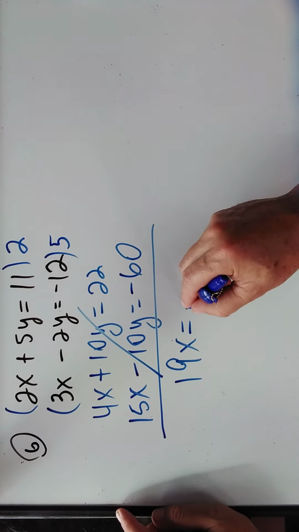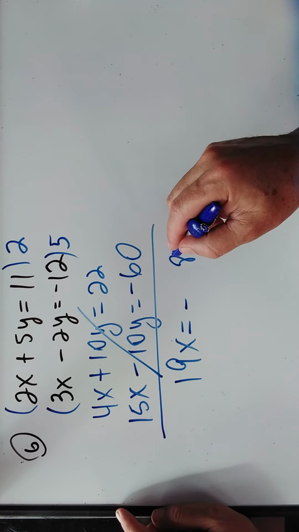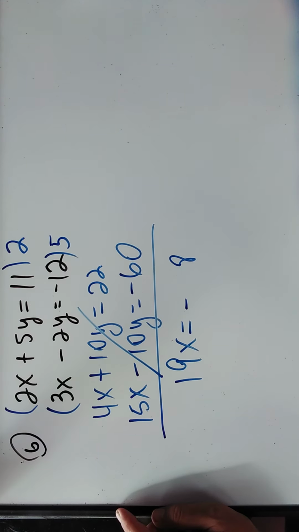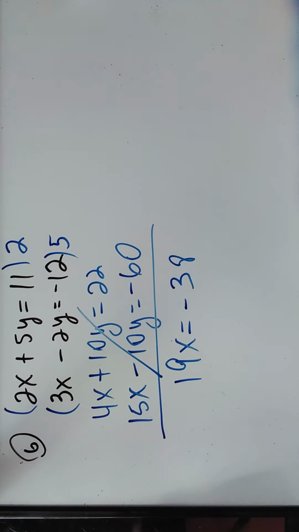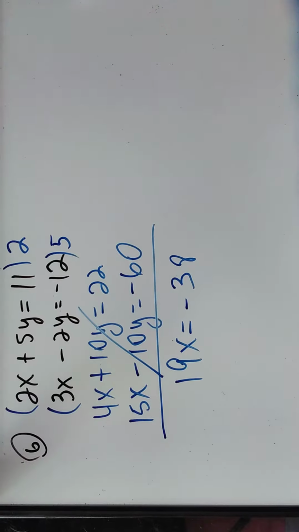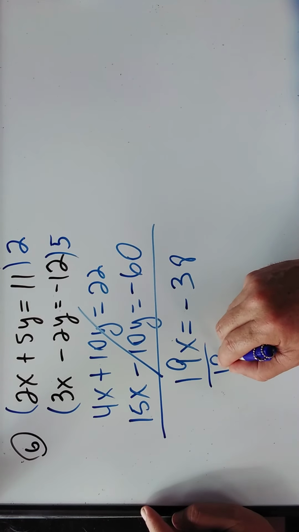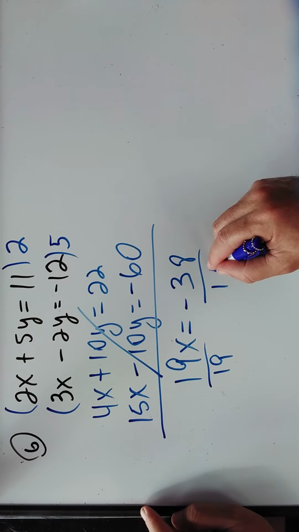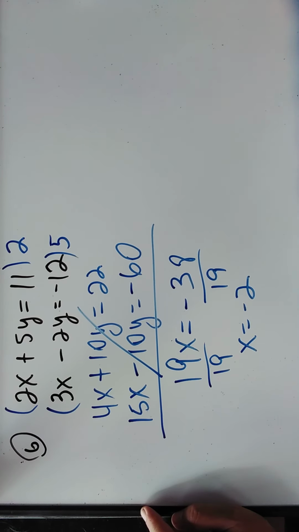That's gonna be negative 38. Yeah, negative 38. And we divide negative 38 by 19, and that should give you negative 2. So I got the value of x.